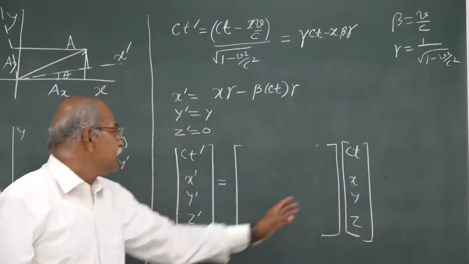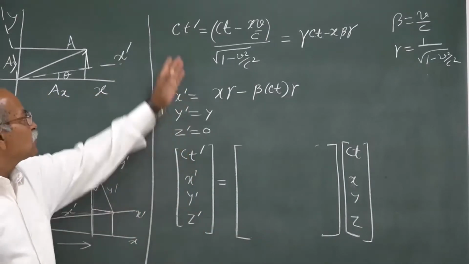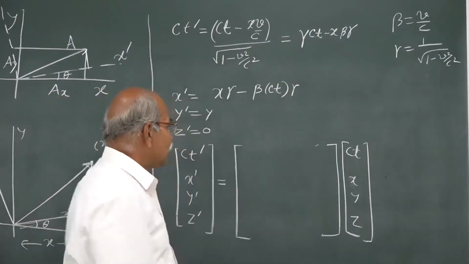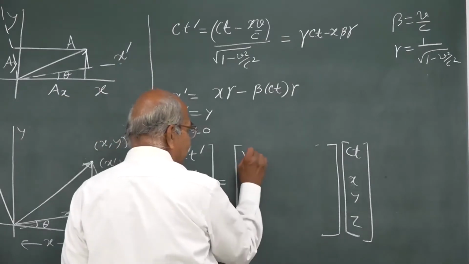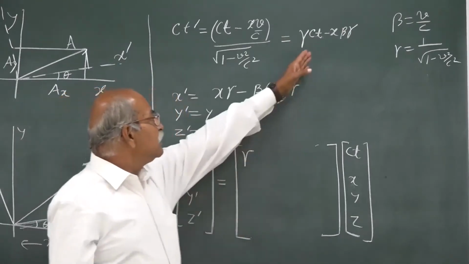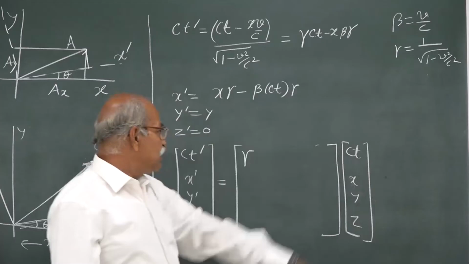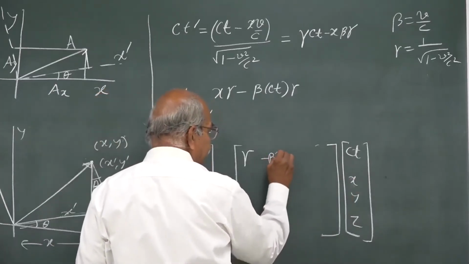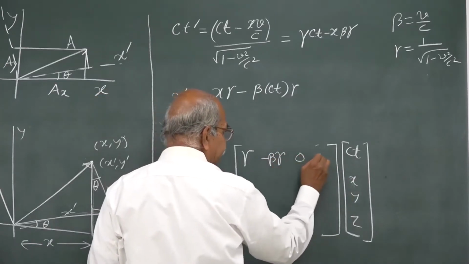What should I fill here? Ct prime is equal to Ct into gamma. So, I should put gamma here, then minus x into beta gamma. So, x is here, so minus beta gamma and then 0 0.